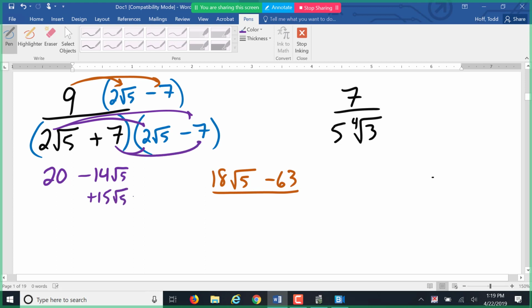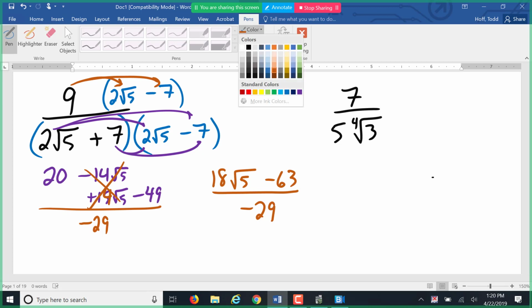And 7 times 7 is a negative 49. Negative 14 root 5 and positive 14 root 5 should cancel out. 20 and negative 49 make negative 29. So this becomes over negative 29.